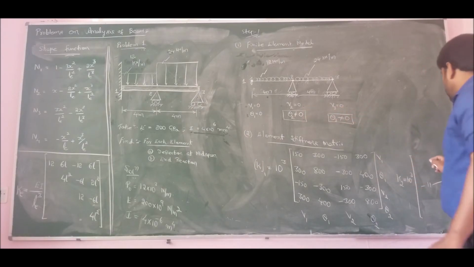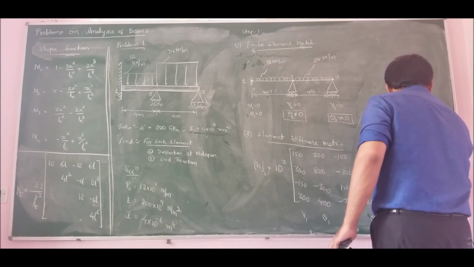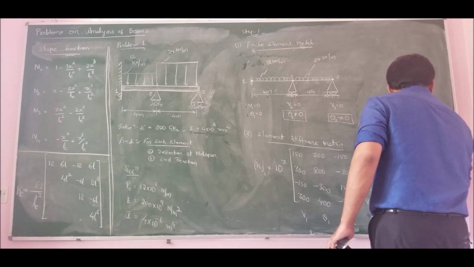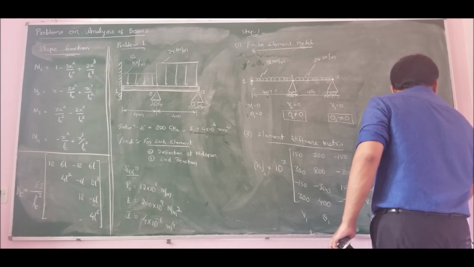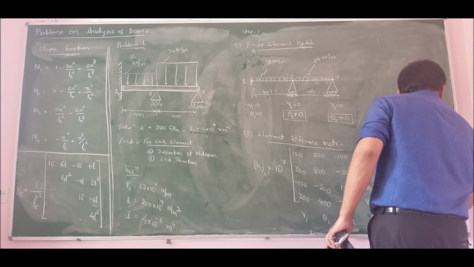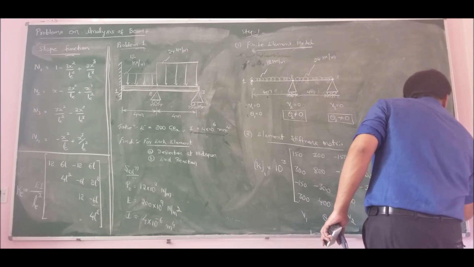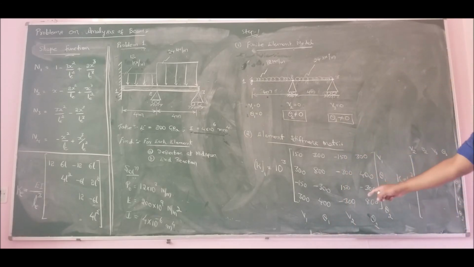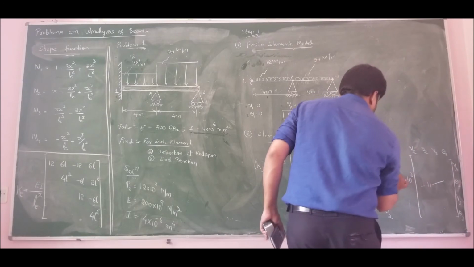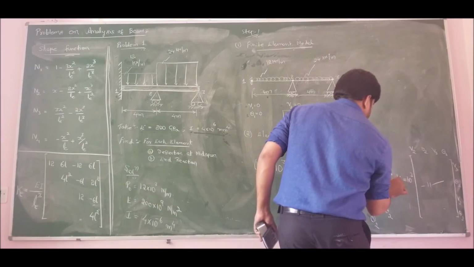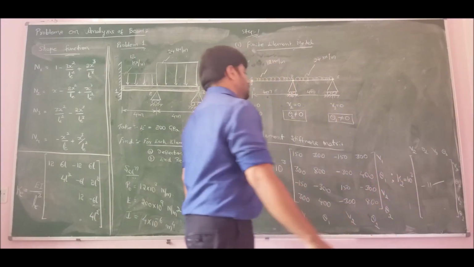So at the top you write V2, theta 2 and V3, theta 3, and here you write V2, theta 2 and V3, theta 3. The stiffness matrix for element 1 as well as for element 2 is the same because the values of E, I and L are the same for both elements.